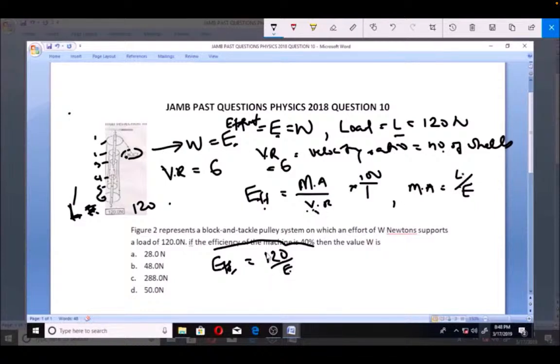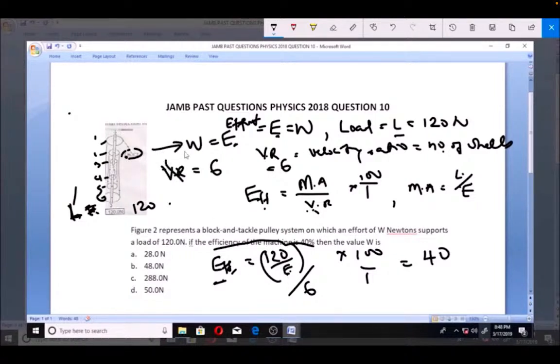So what is remaining is VR. So all this all over VR, which is 6. We know that VR is equal to 6, times 100 over 1. And we know that efficiency already is equal to 40%, so we can put 40. What is left for us is to make E the subject of the formula, which is the effort.